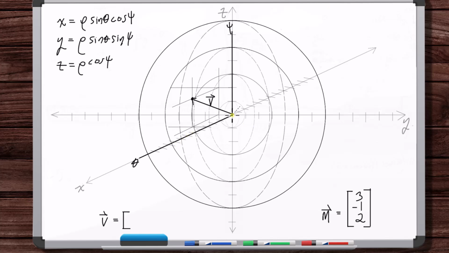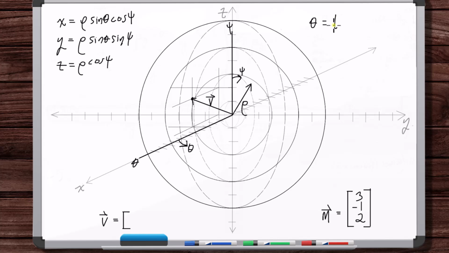And then there's rho. So you've got psi, theta.